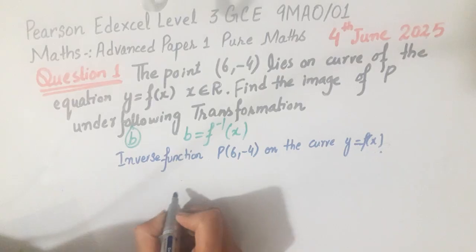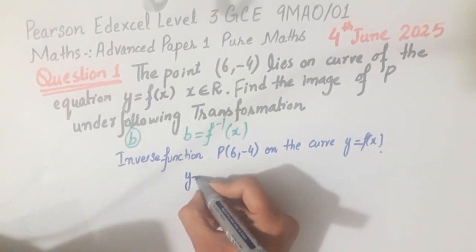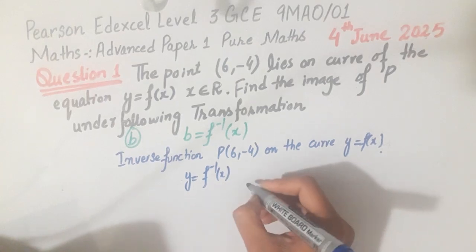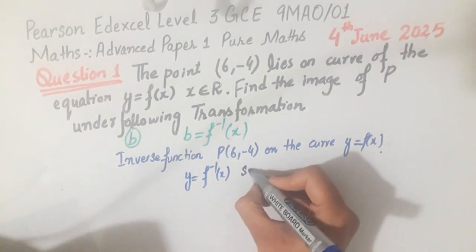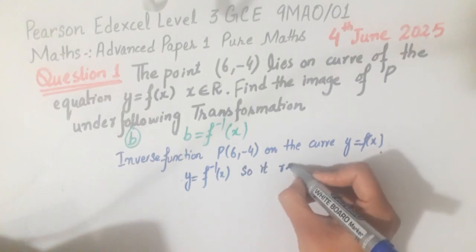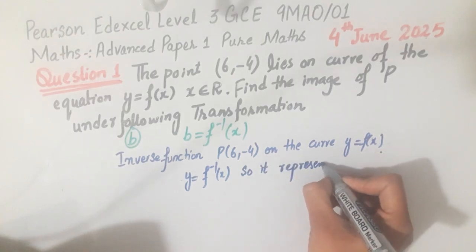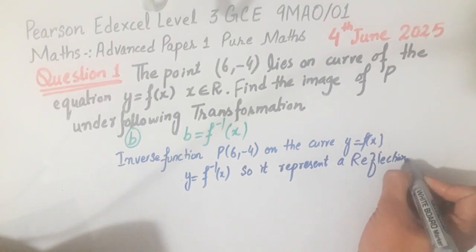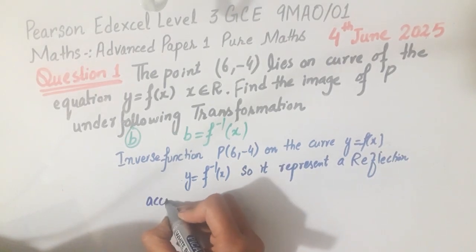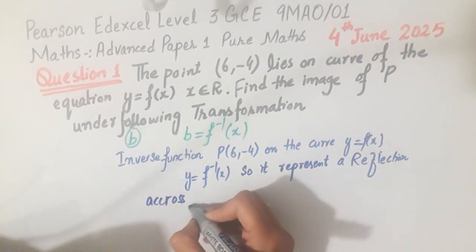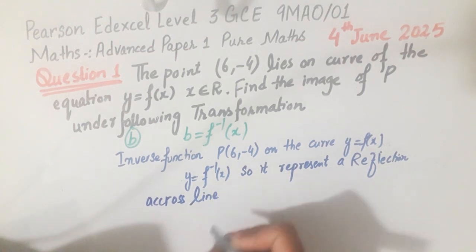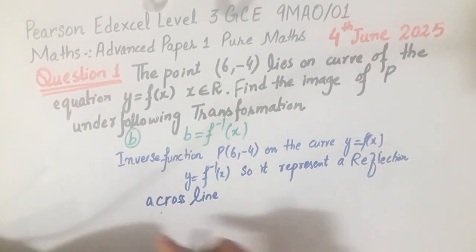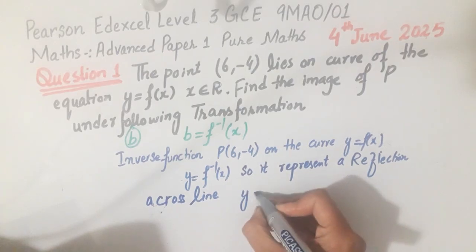Now we make our transformation: y equals f inverse of x represents a reflection across the line y equals x.